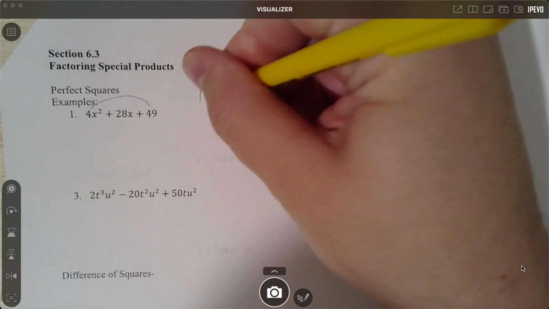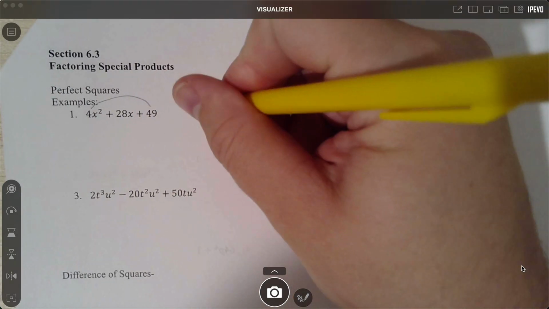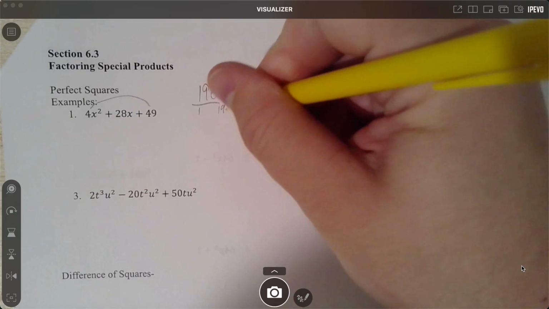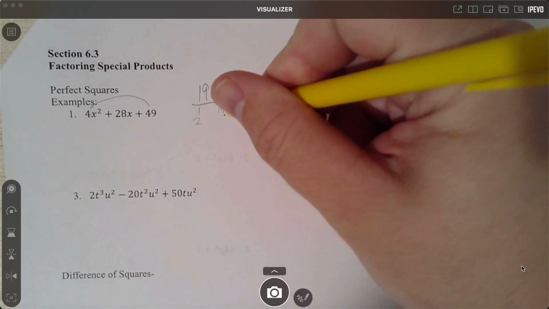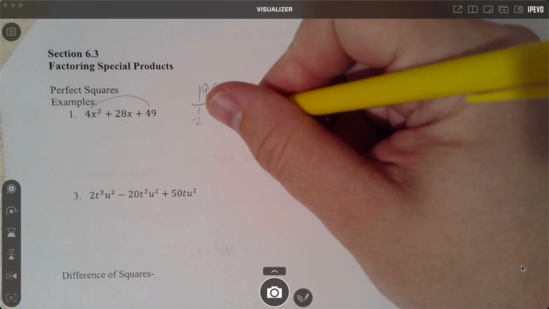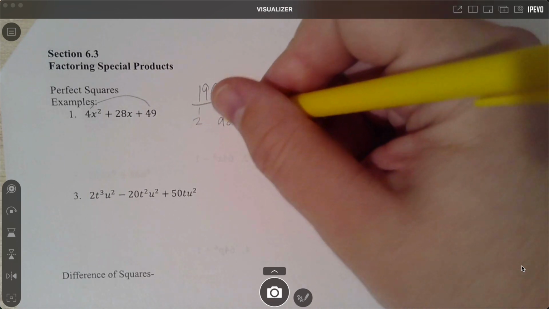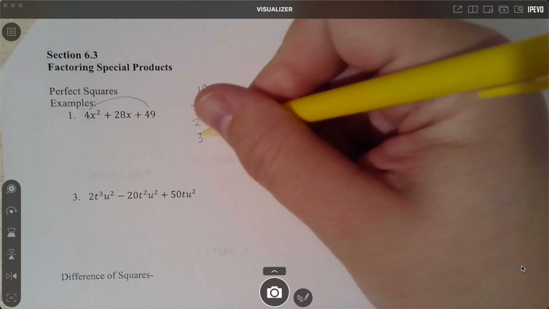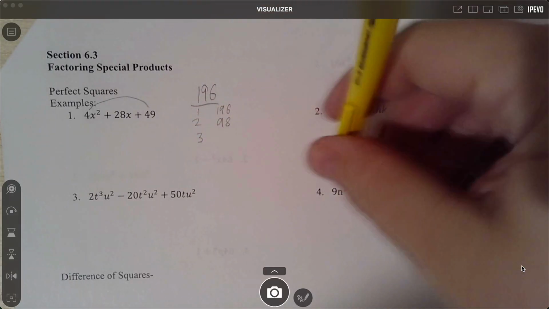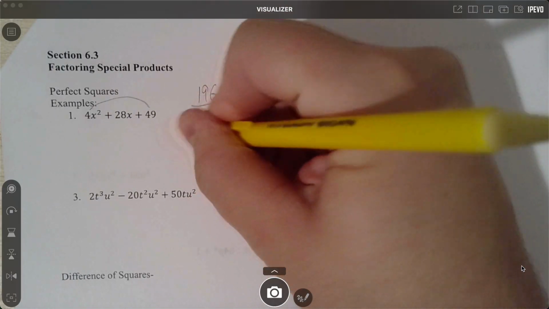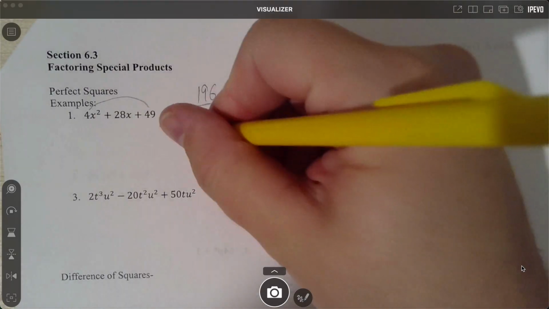When I do that, I get 196. 196 comes from 1 and 196. It comes from 2 and, what is that? I think 98. And then 3 doesn't work. 4 works, and we get 49, because of course that's where we got it from.